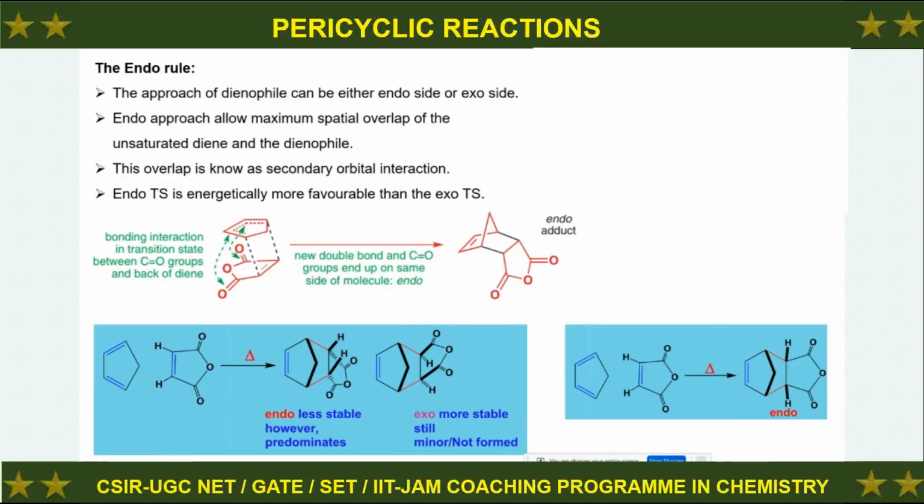Here it's the same one. This is the endo one, less stable, however it predominates. This is the exo one, which is more stable, the thermodynamically controlled product. But the kinetically, energetically more stable endo transition state is attained by the secondary orbital interactions. So the endo product predominates over the exo one.